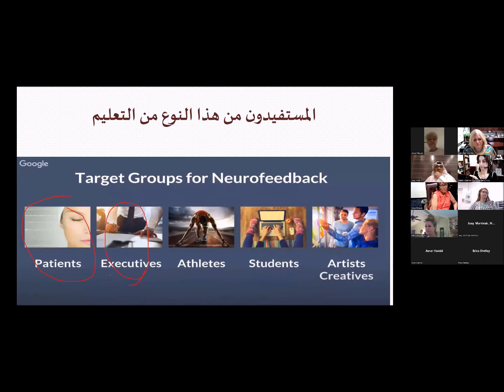Definitely they're going to lose some of their brain function, either memory, sometimes they are losing their attention, sometimes they're having problems with emotions and controlling their temper. And also I use it a lot with athletes.